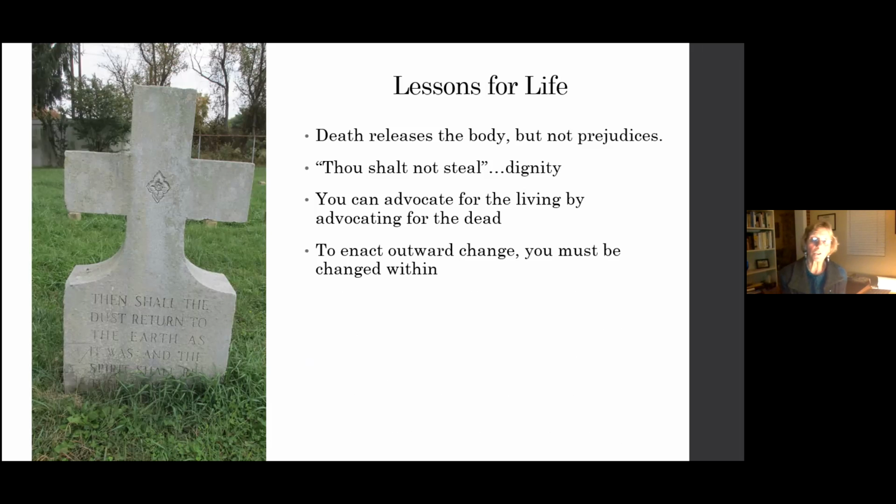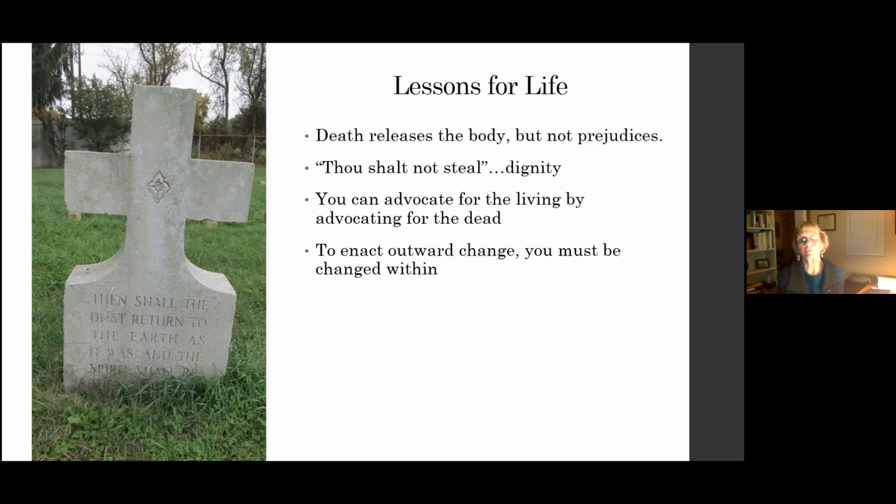To enact outward change, you must be changed within. For me personally, I don't think I could have done all this unless I was changed by interacting with the people that I encountered at the psychiatric center, and having them show me the world through their eyes, how seeing that cemetery made them feel.